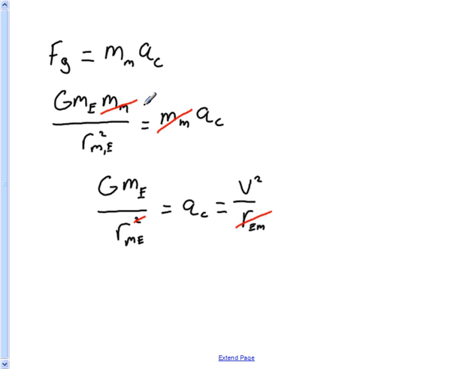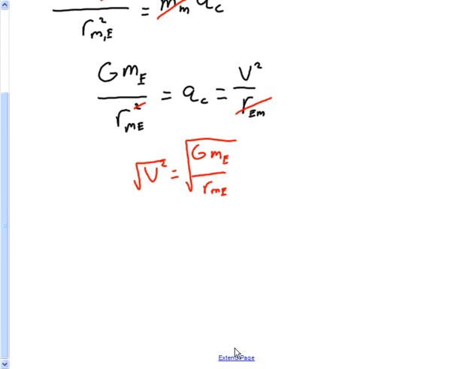This is a recurring theme that we've been seeing, right? That mass does not matter. So if we continue this out, we would have velocity squared is equal to big G, mass of the Earth, divided by the radius, the distance between them. And we can take the square root to get our final answer.